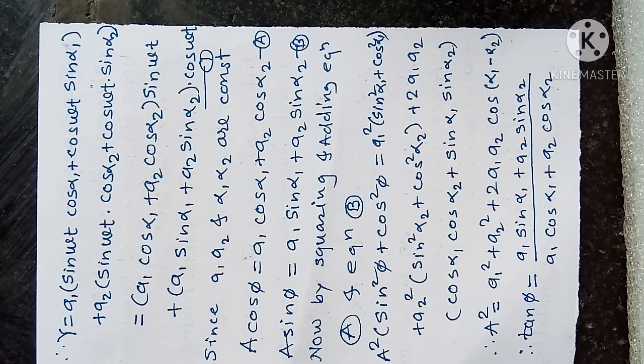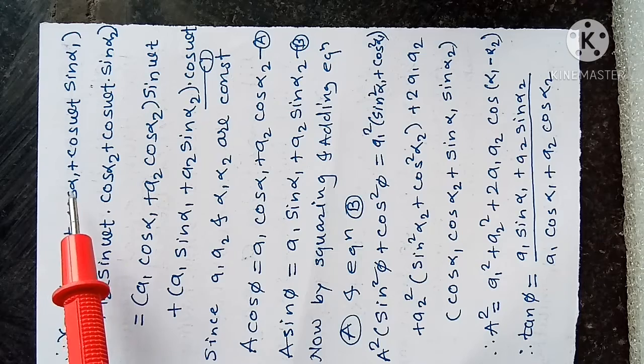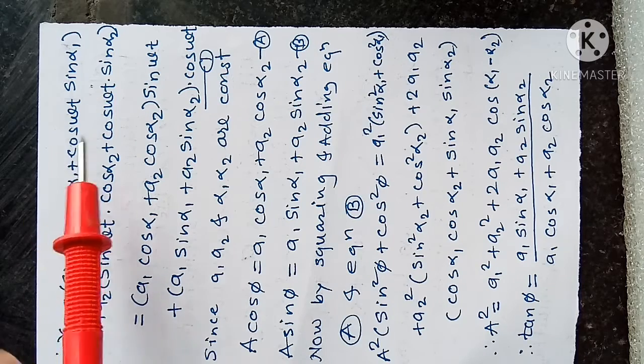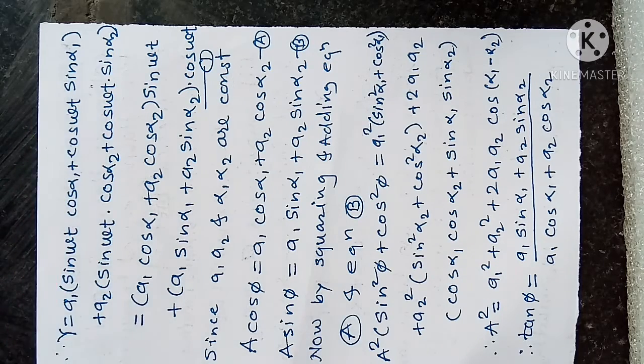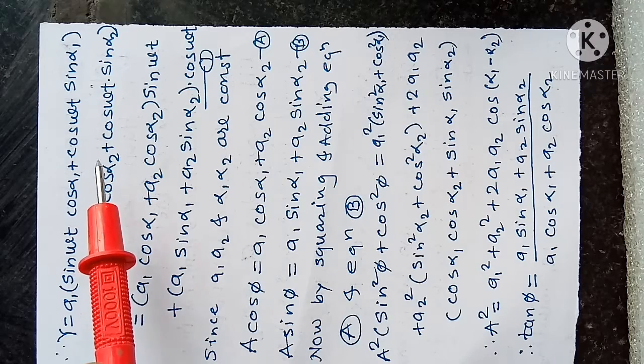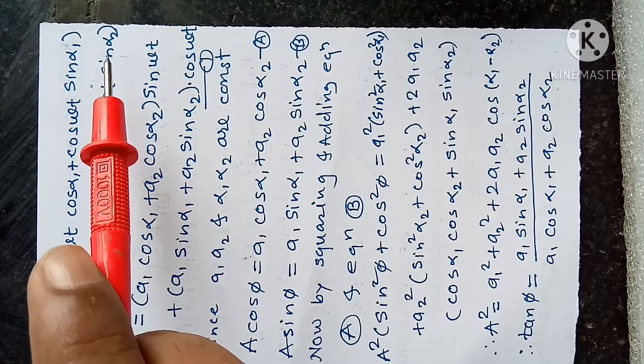Now if we expand the terms sin(omega t plus alpha 1) and sin(omega t plus alpha 2), we get the resultant displacement y equal to A1 [sin omega t cos alpha 1 plus cos omega t sin alpha 1] plus A2 [sin omega t cos alpha 2 plus cos omega t sin alpha 2].